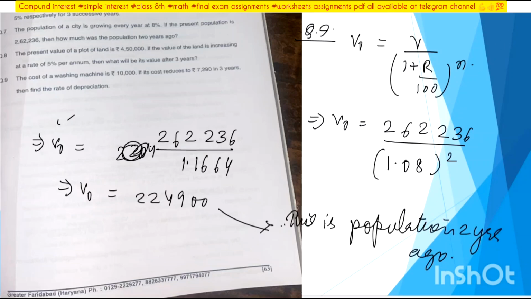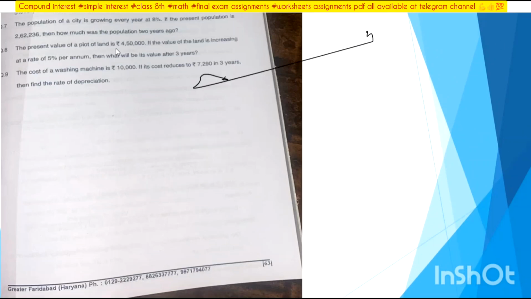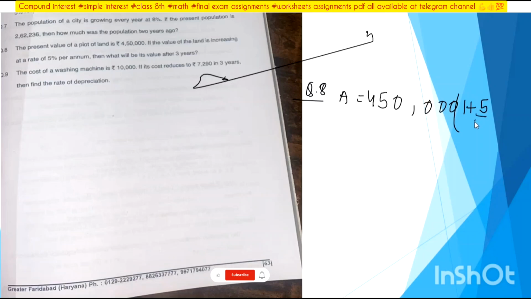Now, the present value of a plot of land is given. If the value of the land is increasing at a certain rate per annum, what will be the value after 3 years? It is just a simple question about compound interest. Question number 8: the principal is 450,000 and the amount is 1 plus 5 by 100 to the power 3. It is a simple calculation.